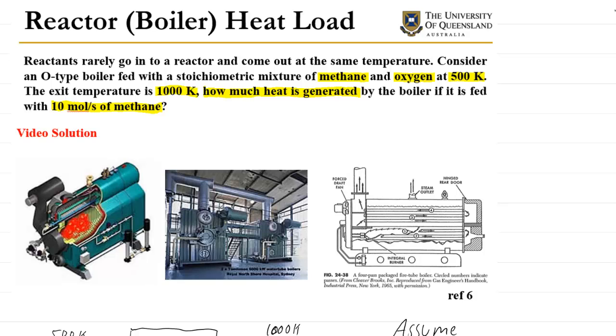So what that means is that for the combustion reaction for methane, for every mole of methane we've got 2 moles of oxygen, and that goes on to form 1 mole of CO2 plus 2 moles of water as well. So for the 10 moles of feed of methane, we're expecting 20 moles of feed of oxygen.